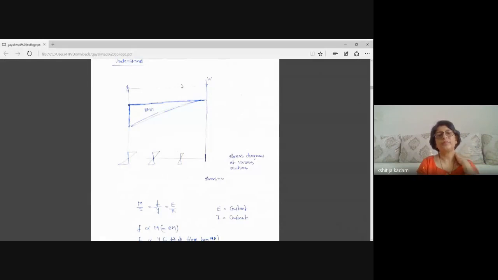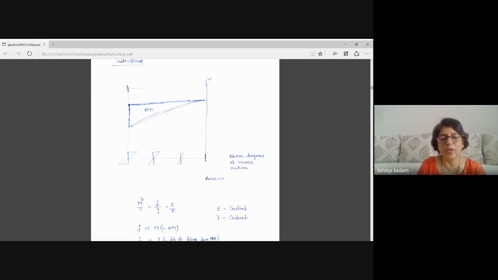One more thing, let us understand. Let us take an example of this cantilever beam, and a point load is applied at the free end. So the beam will have a bending moment diagram like this inclined line. Okay.